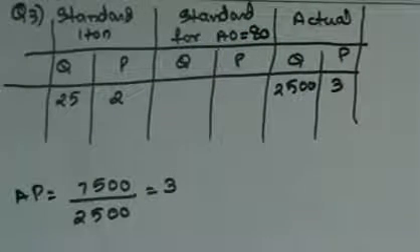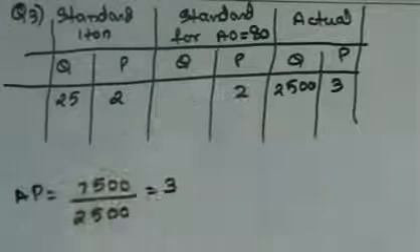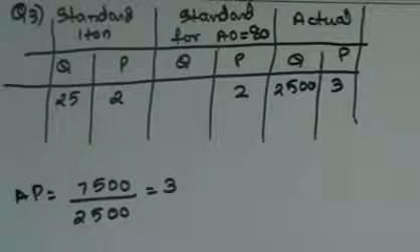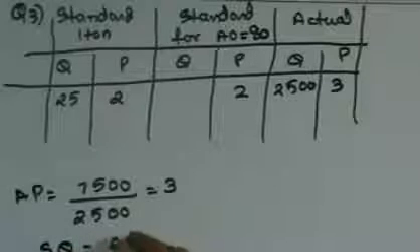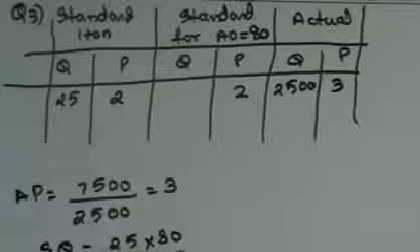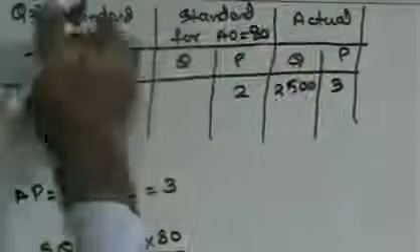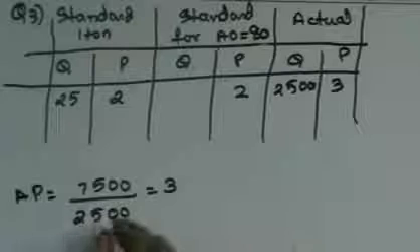Now when the actual output is given to you, the first thing you do is transfer the standard price here as it is. And standard quantity you will calculate as 25 into 80 divided by 1. Either you understand it this way, or I can show it to you this way also.